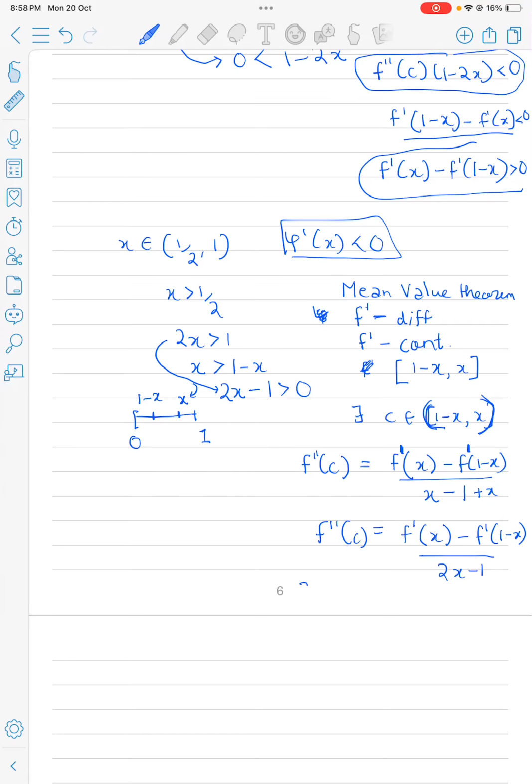Again, 2x minus 1 is positive, and f double dash c is given to be negative. This is positive from this and f double dash c is negative. So this will be negative, right? So less than 0.